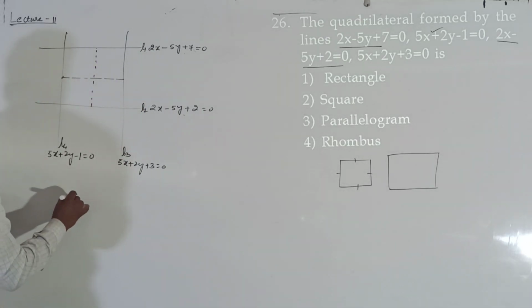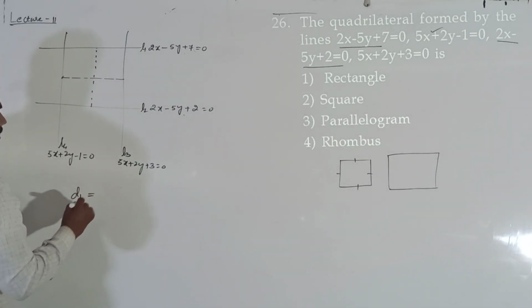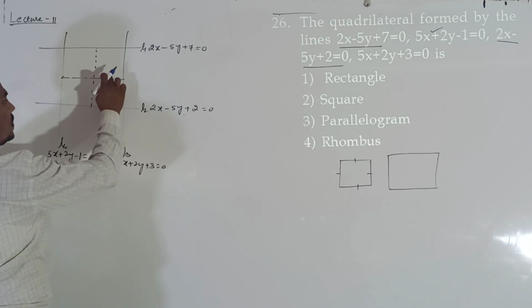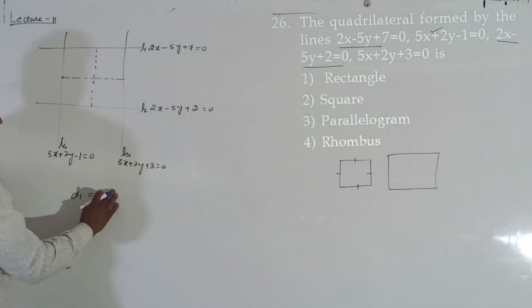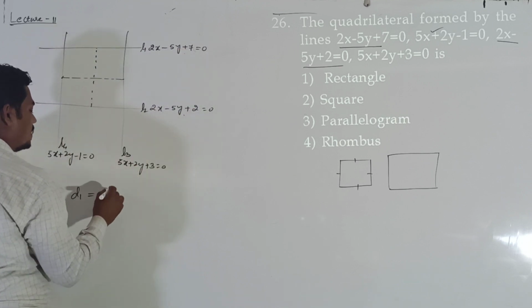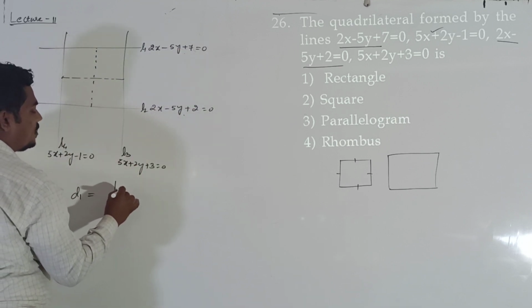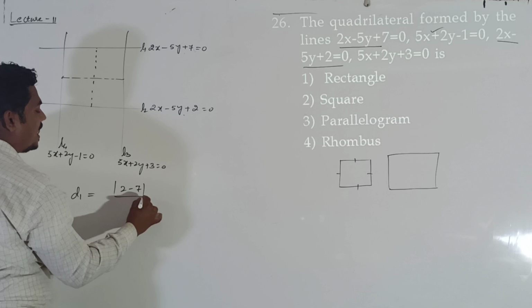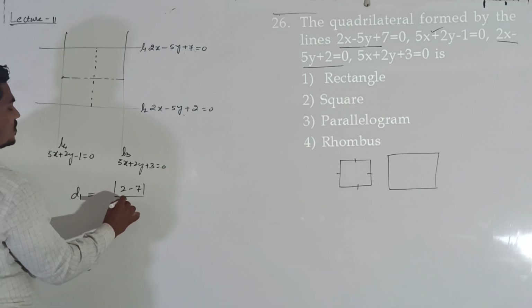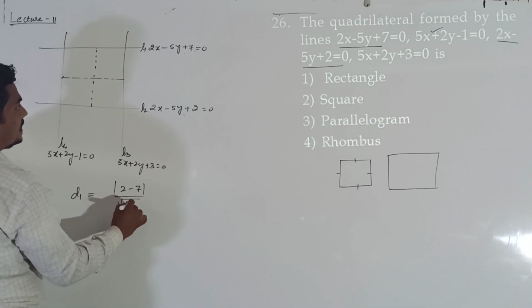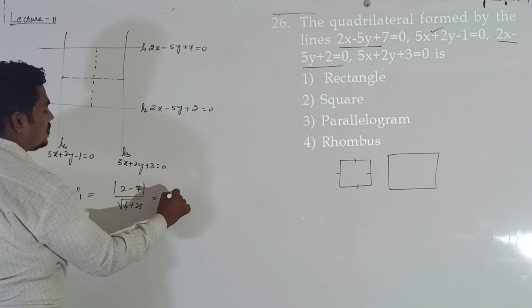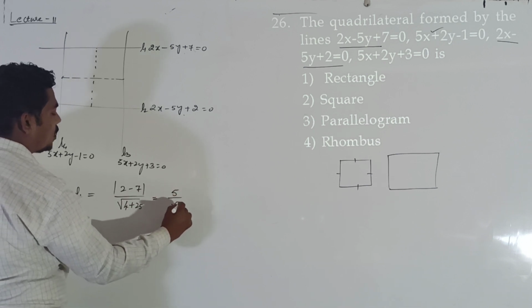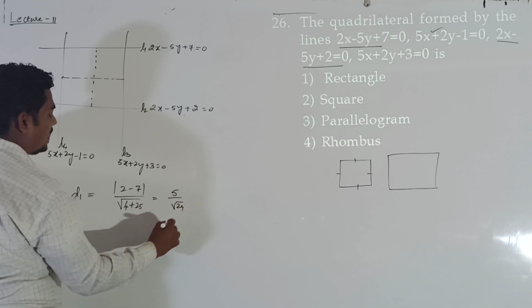Distance between L1 and L2, take it as D1. What is the D1 value? This is C2 and this is C1. Modulus of C2 minus C1 divided by square root of a square plus b square, that is 4 plus 25, that's equal to 5 divided by root 29.